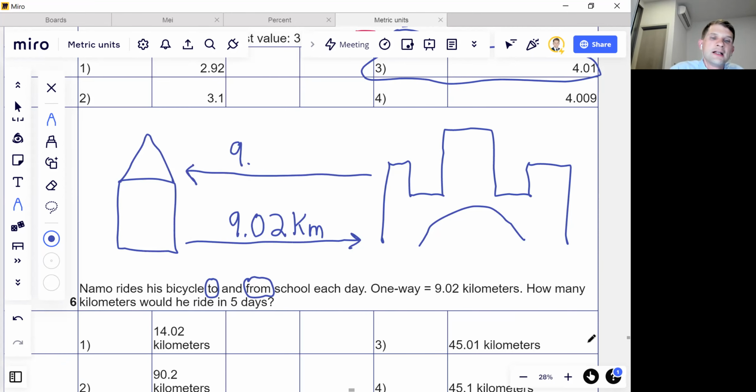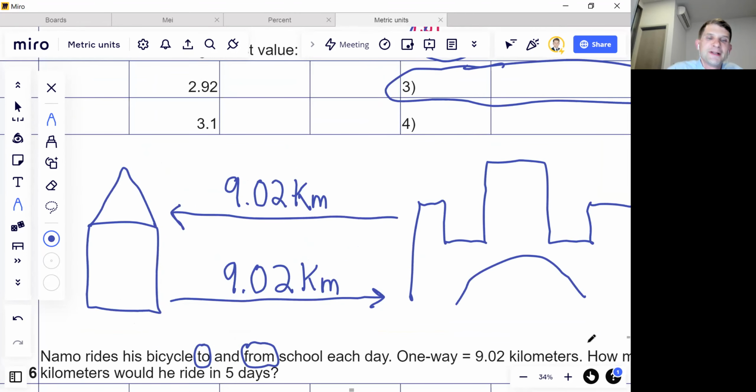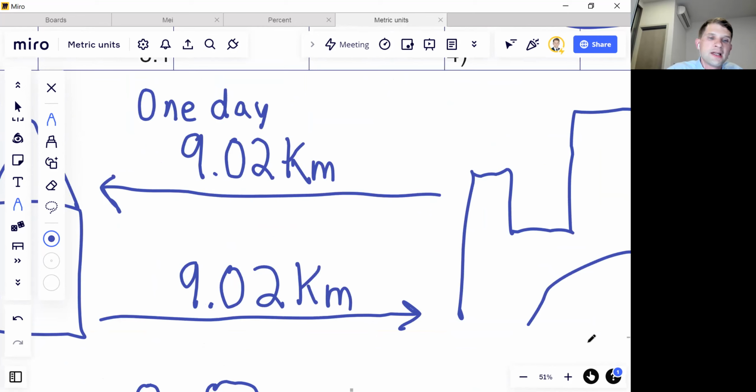So we should have 9 2/2 kilometers going home as well. And this represents a full day of bike riding for Namo. So we can think of this as one day. Okay, and our question asks for 5 days. So first I need to figure out what's the grand total for one day.